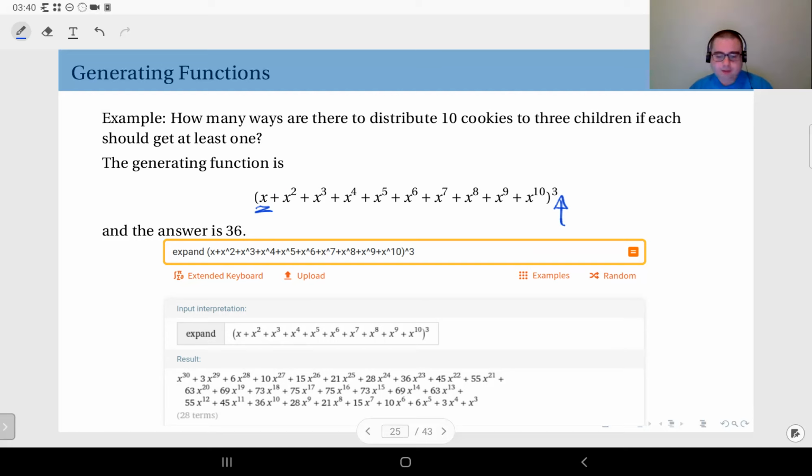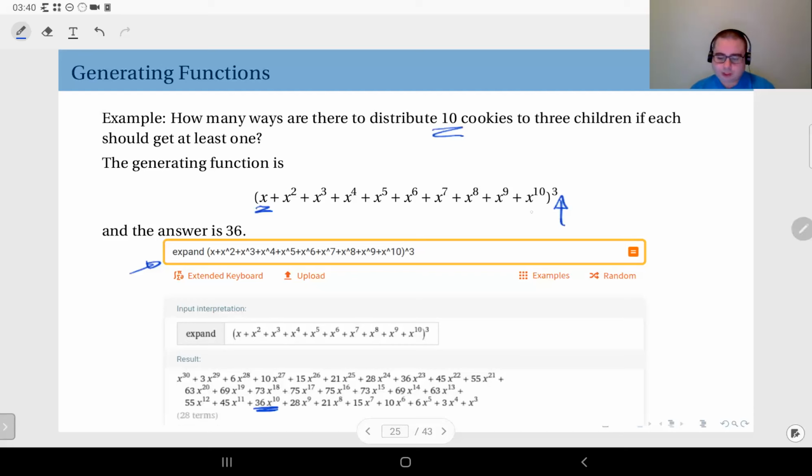And when you expand this expression, I used again Wolfram Alpha, and look at the coefficient of x to power 10, which is here. So the answer is 36. Now, there is a detail here.